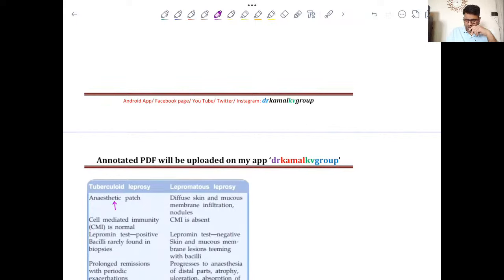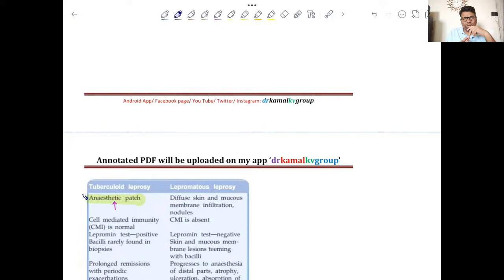So in tuberculoid there is an anesthetic patch. There will be fewer skin lesions. In lepromatous, the number of skin lesions is many. In tuberculoid leprosy, there is formation of granuloma in the skin as well as in the nerve, so that leads to anesthesia, and therefore we have anesthetic patches.